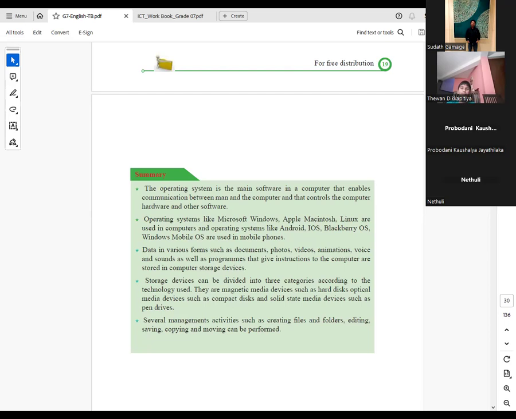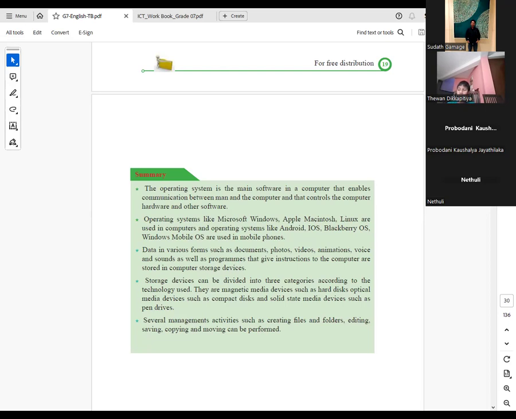So as Devan said, operating system is also a program. So we can store operating system in storage devices. Programs that give instructions to the computer are stored in computer storage devices. Storage devices can be divided into three categories according to the technology used.